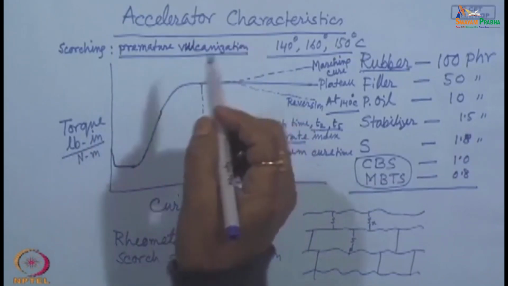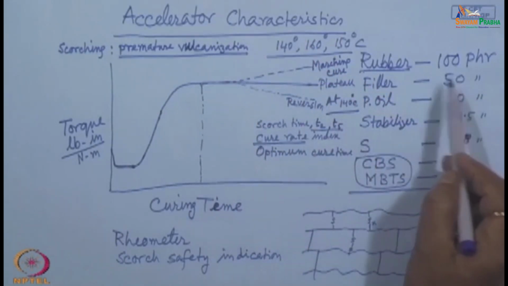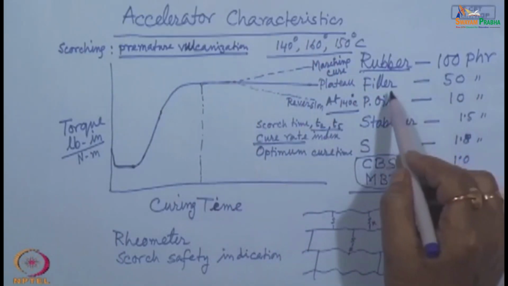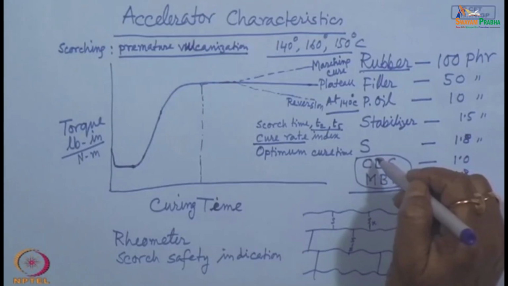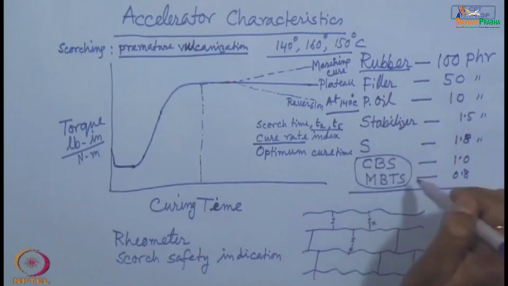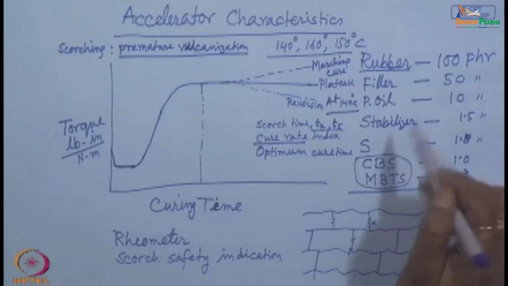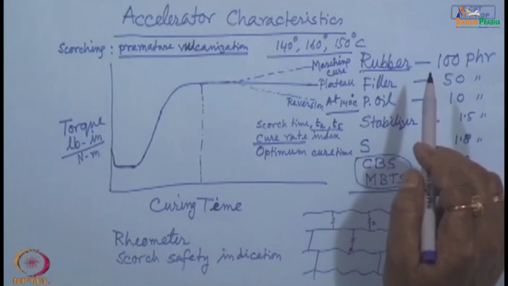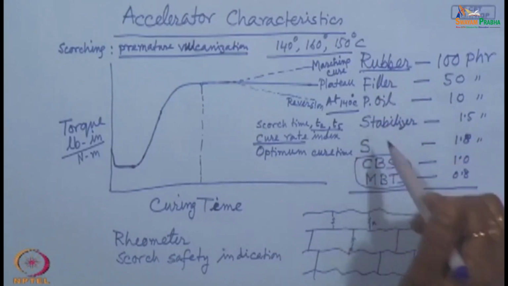Now, because this rubber compound is prepared by mixing with filler, stabilizer, process aids, other things and sulfur, accelerator, etc. During compounding, the compound temperature rises to beyond 70-80 degree Celsius. So, the compound should not start curing during such compounding.